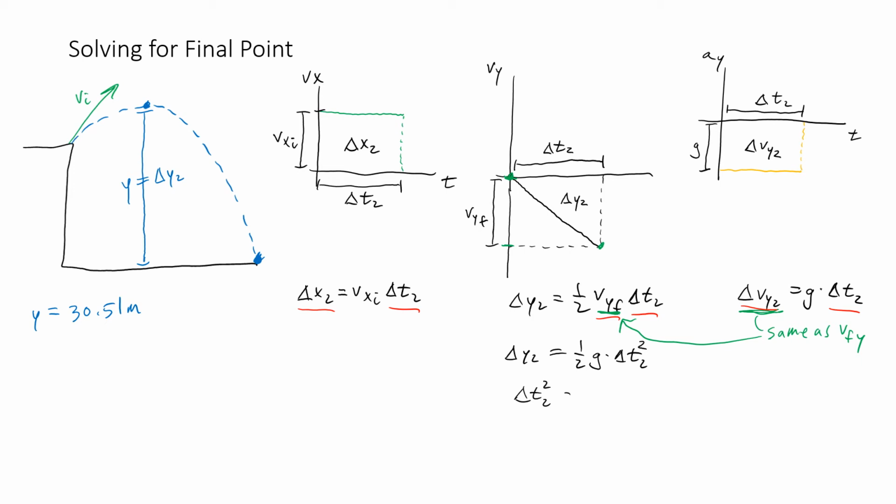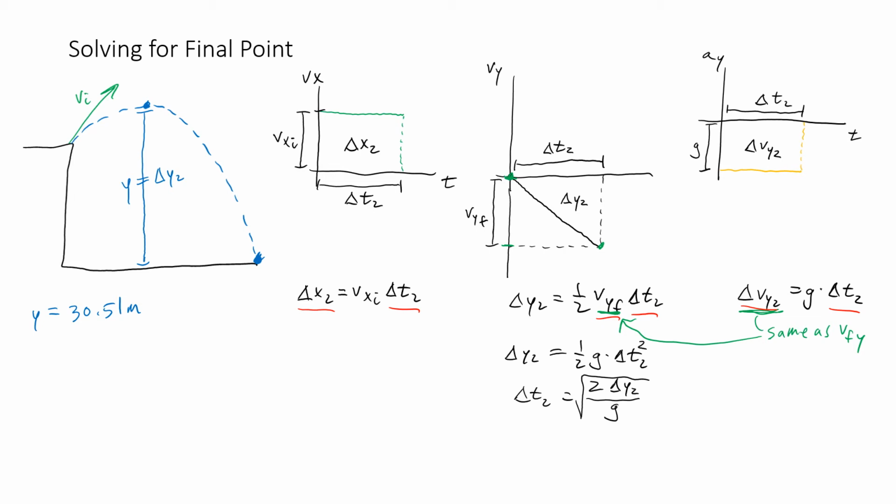And then I just need to solve for delta T2 squared. Delta T2 squared, if I multiply by 2, I'll have 2 delta Y2. I'll divide by g to get delta T2 squared by itself. And then why don't we go ahead and just square root both sides. The square there will go away, and we'll get a square root on this side right here. So this successfully solves for delta T2 only in terms of things that are already known.